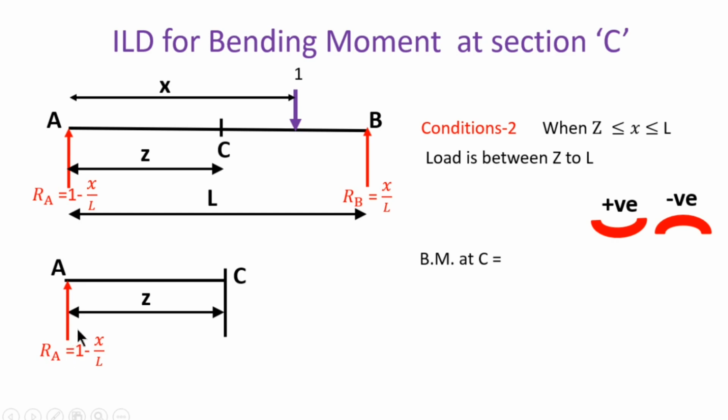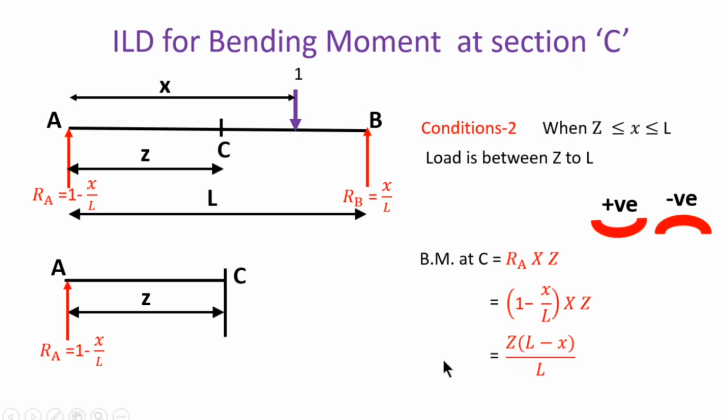So RA into Z is the bending moment at C. We know RA is equal to 1 minus x by L. So (1 minus x by L) into Z. If you simplify, this becomes Z in bracket (L minus x) divided by L.